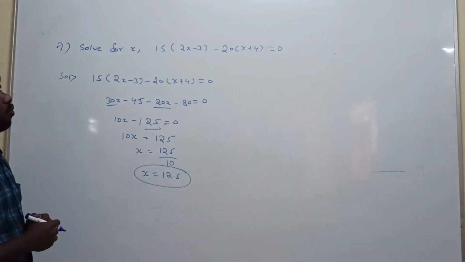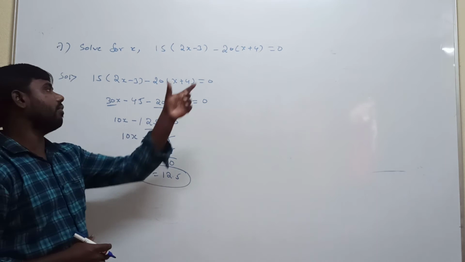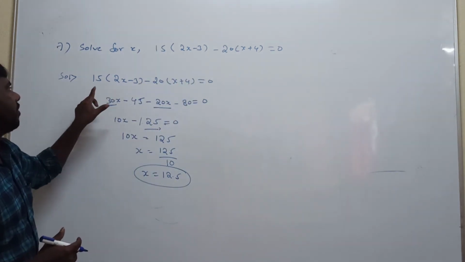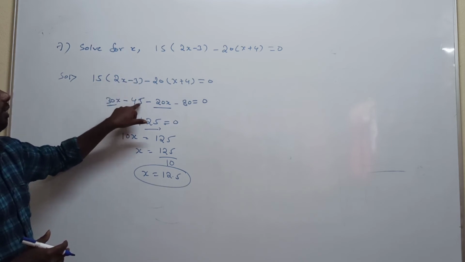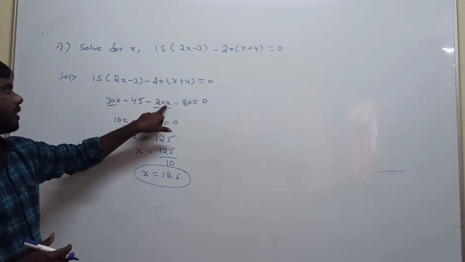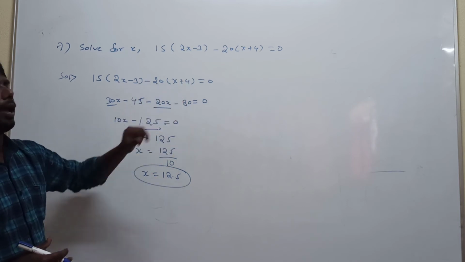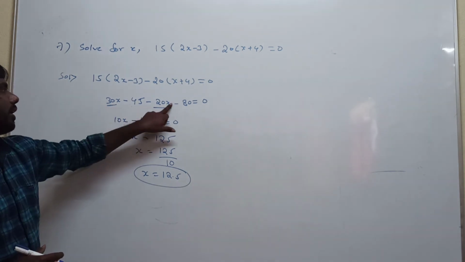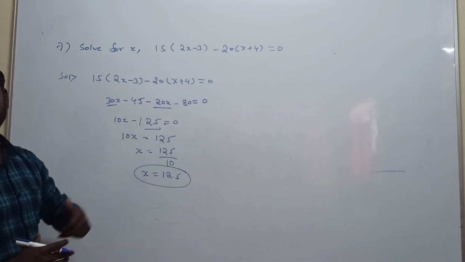Everyone understood? Whatever the given equation, you write it as it is. First of all, simplify the LHS: 15 into 2x is 30x, minus 15 into 3 is 45, minus 20x, minus into plus is minus, 20 into 4 is 80. Now adding x variables: plus 30x minus 20x is plus 10x, minus 45 minus 80 is minus 125, is equal to 0.